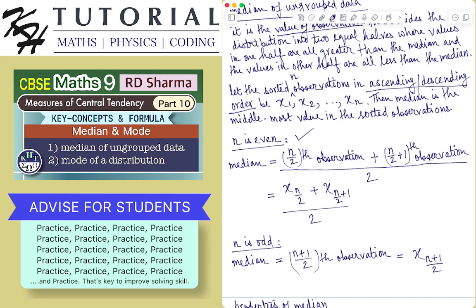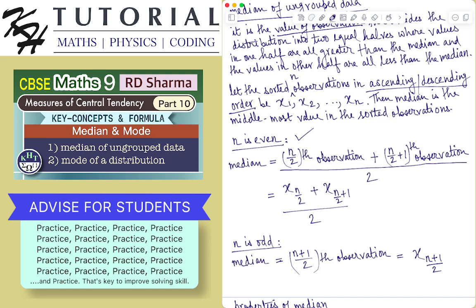If you have sorted the observations in ascending order, then all the values to the left of the median will be less than the median, and all the values to the right of the median will be greater than the median, and the number of observations to the left and to the right of the median will be equal.